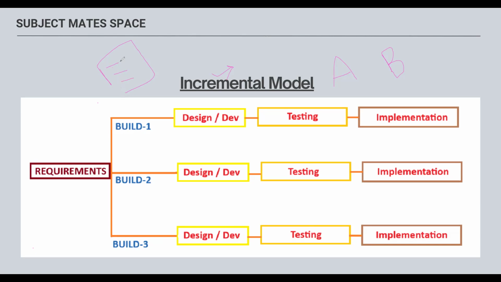And for each feature you will have many sub features. Suppose the first feature has three sub features, the second has two sub features, and the third has four sub features. So how will you do it in the incremental model?